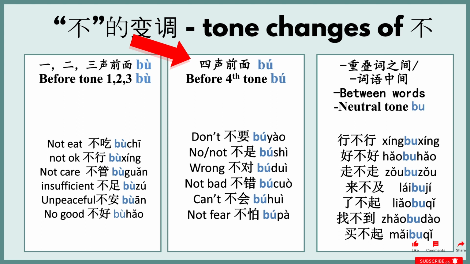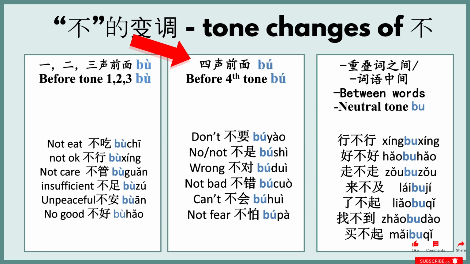Second case, before fourth tone, 四声前面, we read bu, like don't, 不要, no or not, 不是, wrong, 不对, not bad, 不错, can't, 不会, not fear, 不怕, and so on.